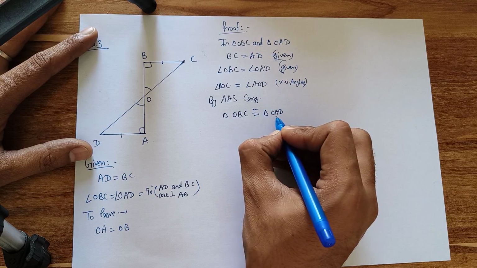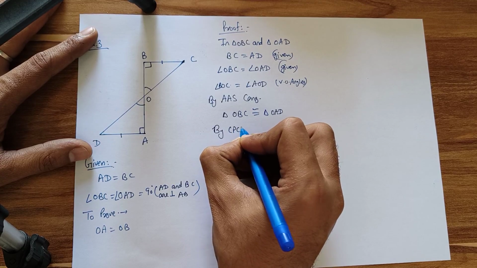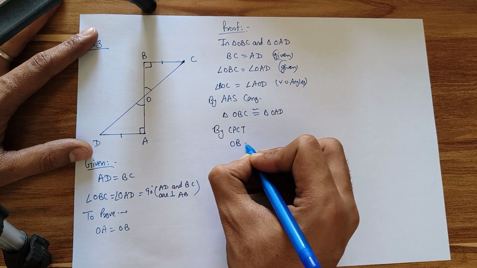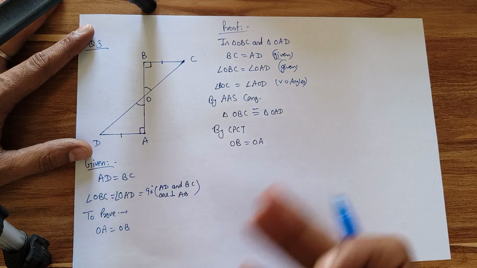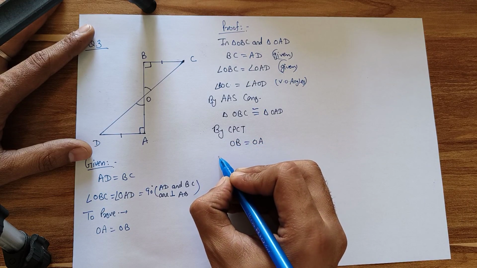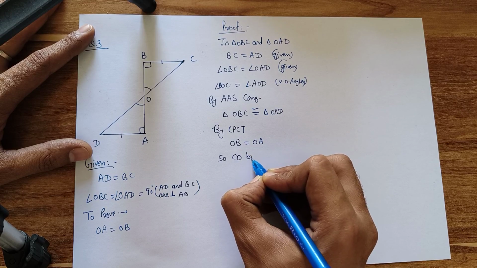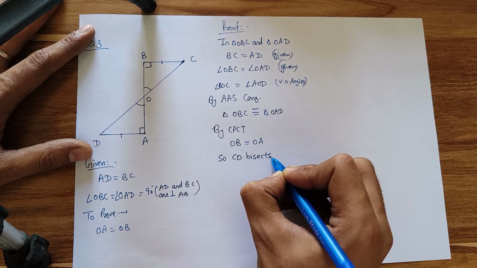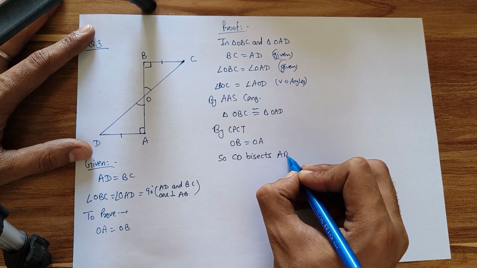That's why side OB and side OA are equal. So by CPCT, OB is equal to OA. So hence we can conclude that CD bisects line segment AB.